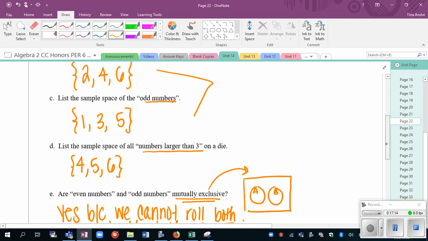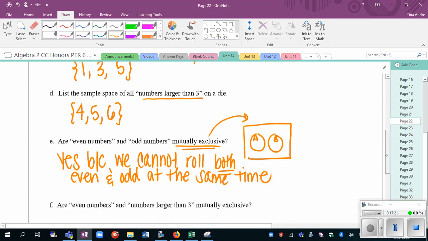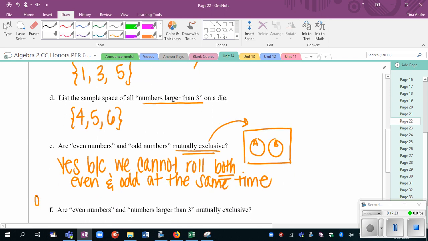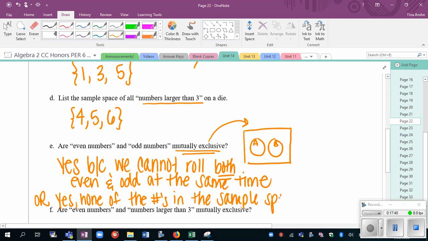So therefore, since there's no overlap, nothing in common, no intersection, the two events are mutually exclusive. So another way to say this is yes, none of the numbers in the sample spaces are the same.